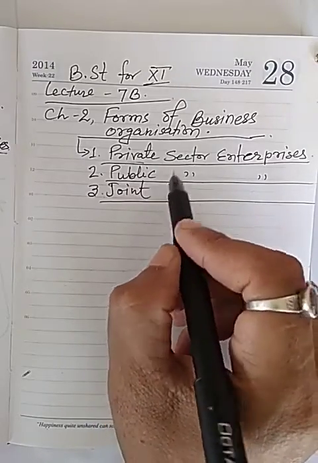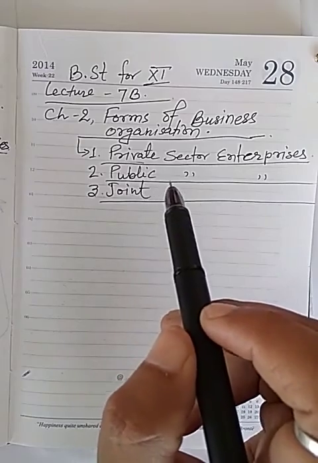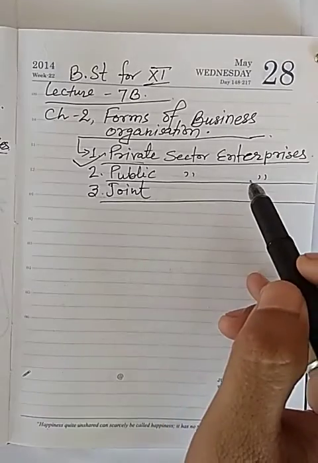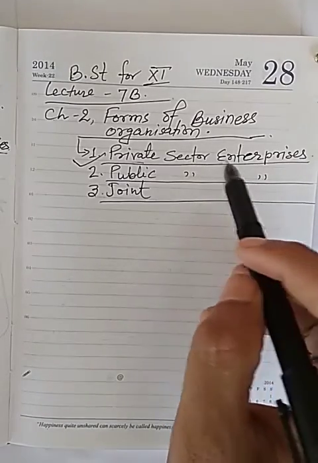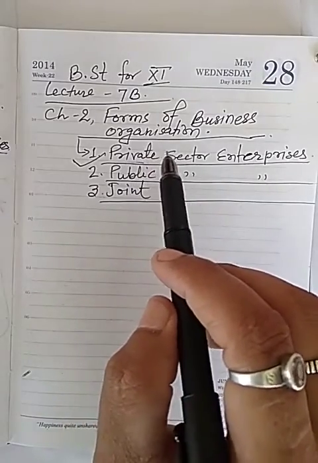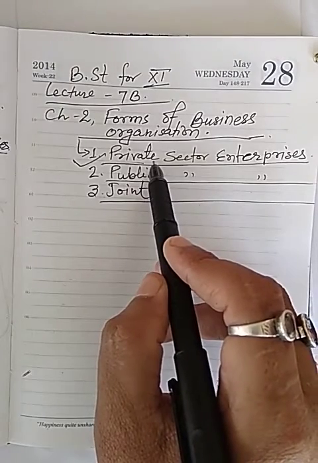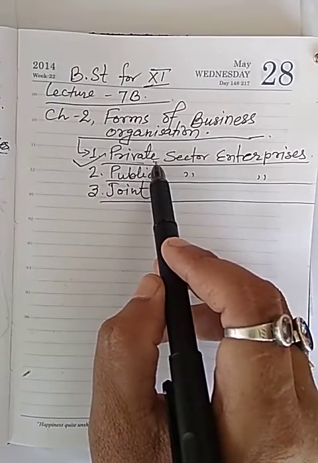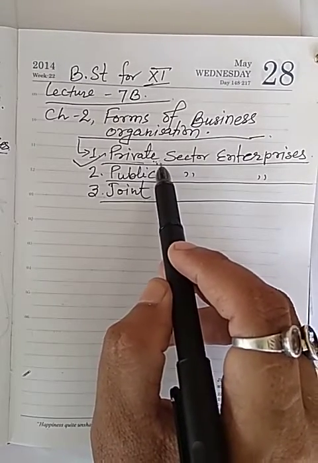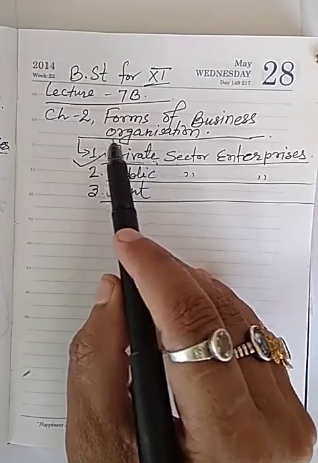Now, what are private sector enterprises? I am going to give you an introduction. The business enterprises which are owned, controlled, and managed by private individuals are known as private sector enterprises.